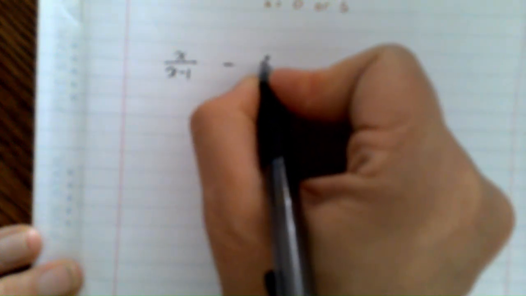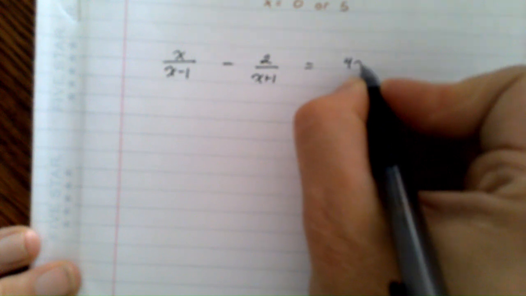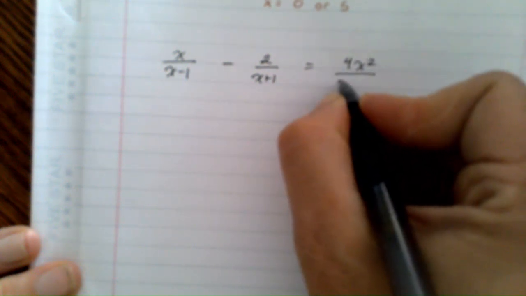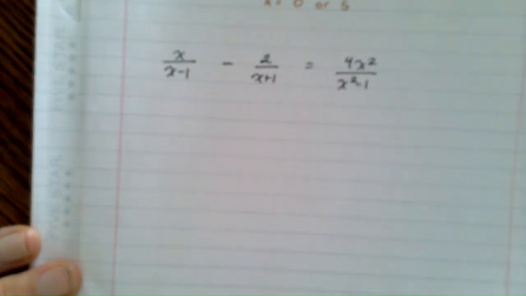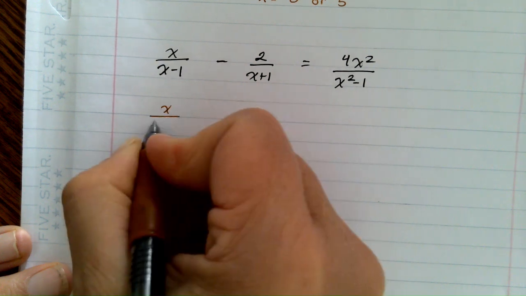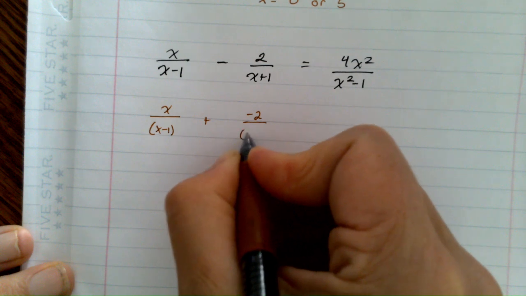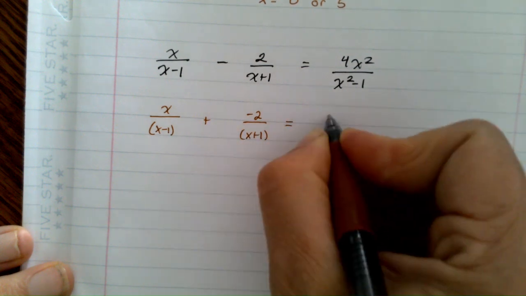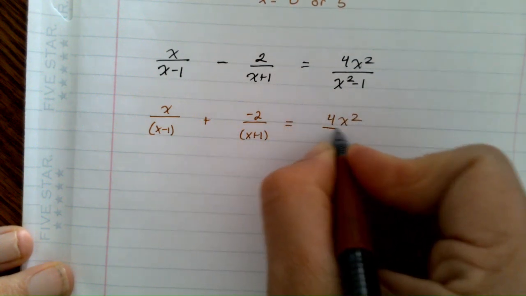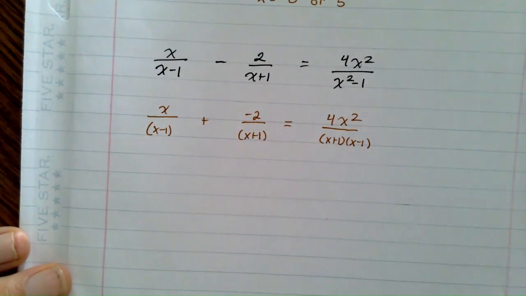Next problem: x over x minus 1 minus 2 over x plus 1 equals 4x squared over x squared minus 1. So again, I like to write this as x over x minus 1 plus negative 2 over x plus 1 equals 4x squared, and I'm going to factor this, x plus 1, x minus 1.